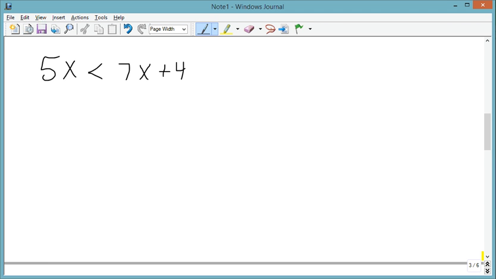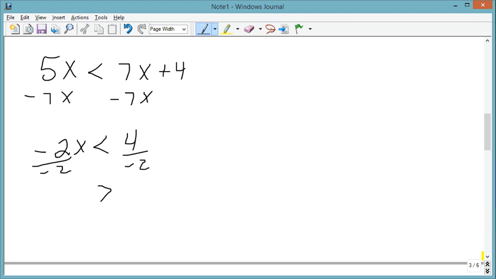Okay, so here we have this. We really do better when the x is on the left, so I'm just going to get the x over to the left. And then I have to divide by -2, which means I have to change it to greater than.